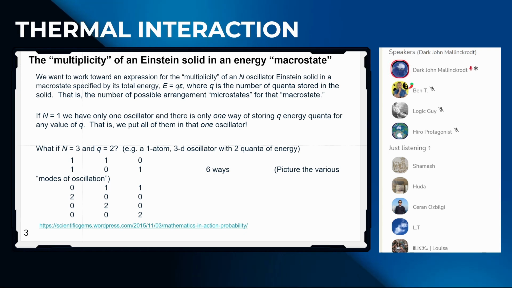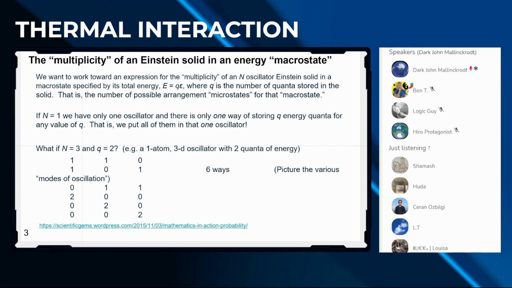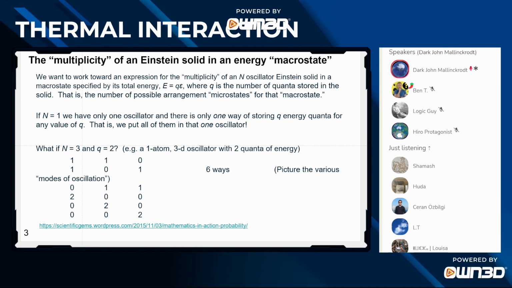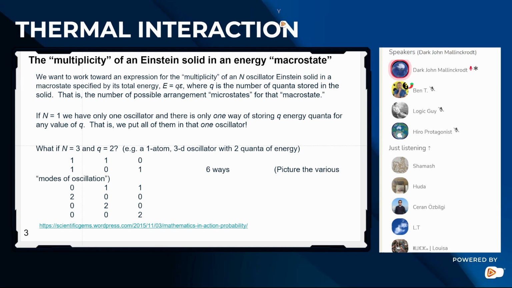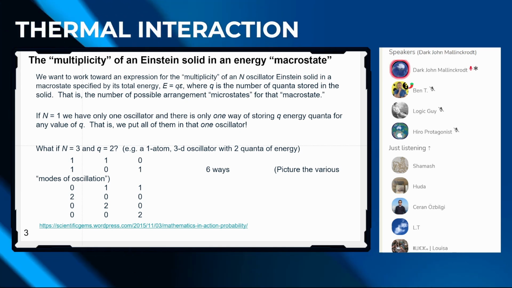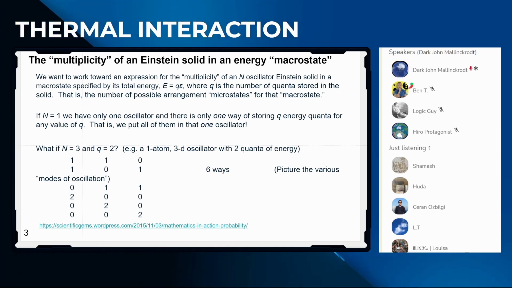If I have one oscillator, then there's only one way of storing q energy quanta, no matter what the value of q is. If I have 10 units of energy, the only way I can store that energy is to put all 10 into that oscillator.